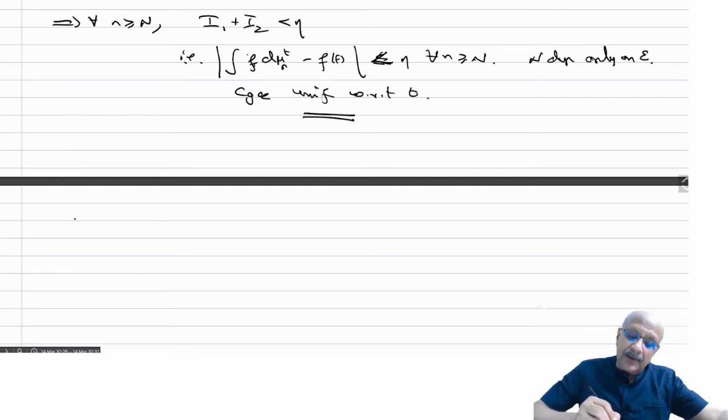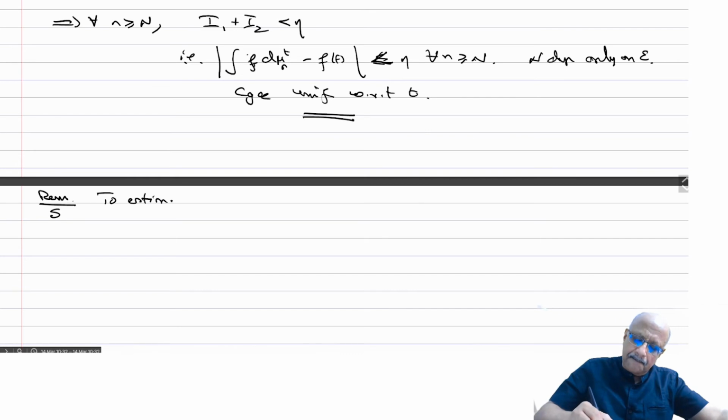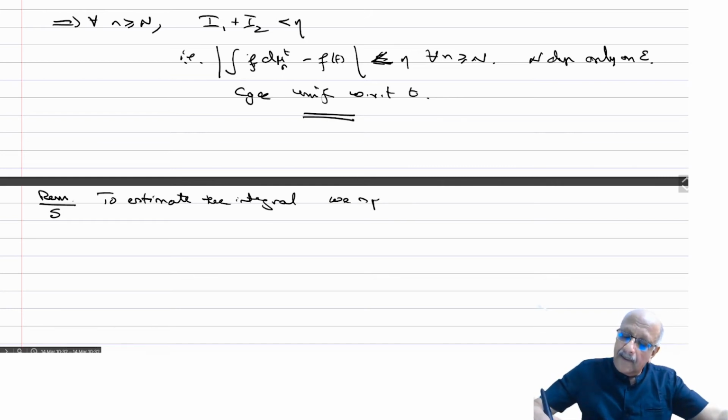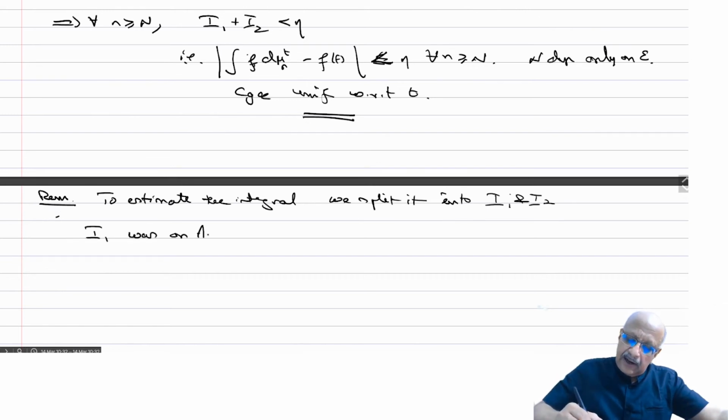So remark: in this proof what did we do? To estimate the integral, we split it into integrals I1 and I2. I1 was on A delta.